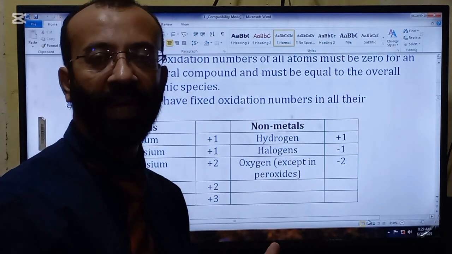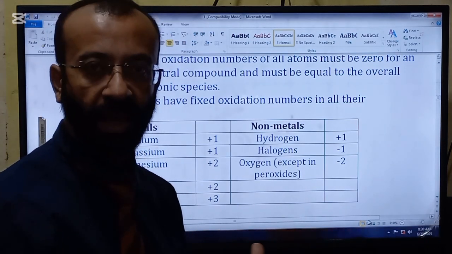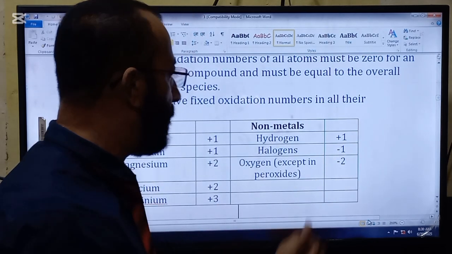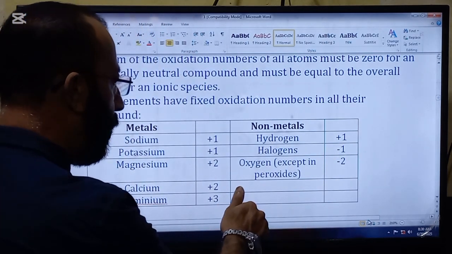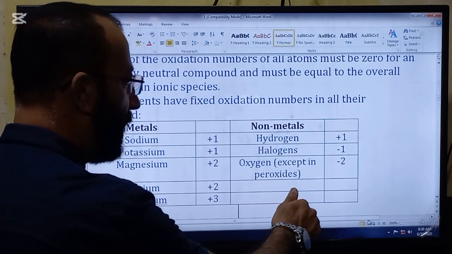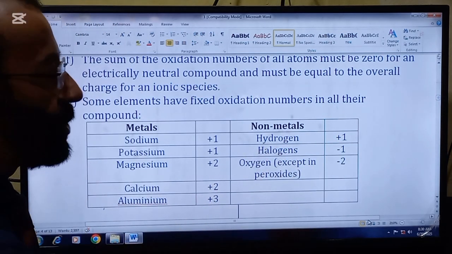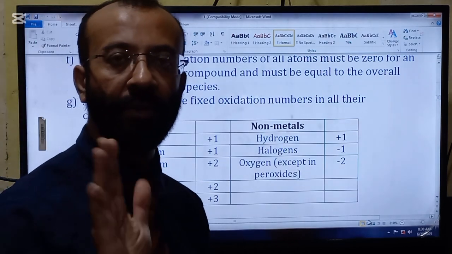Halogens are chlorine, fluorine, bromine, iodine, astatine. So the halogen group will have oxidation number -1, and oxygen, except in peroxides, will have -2. So these are the fixed oxidation numbers which you have to learn.